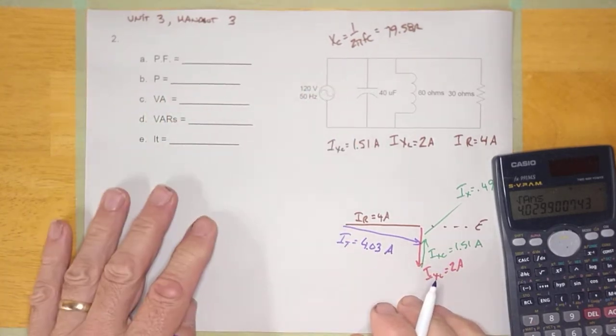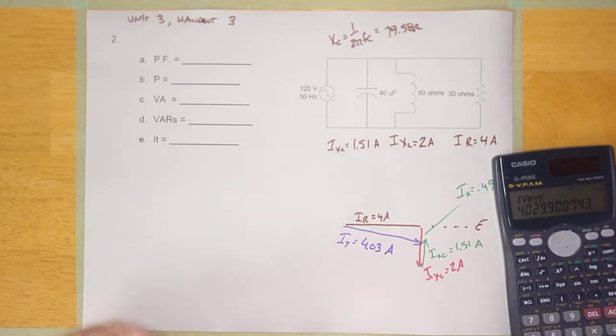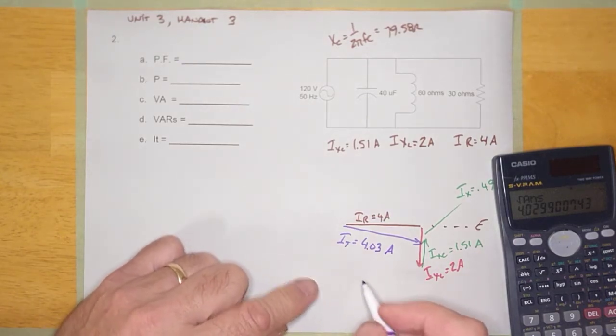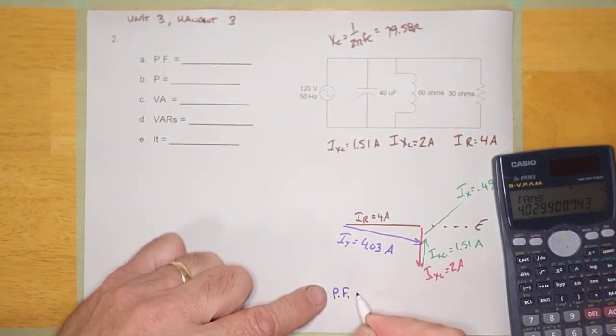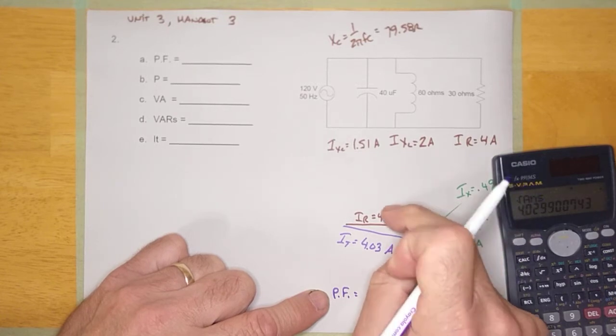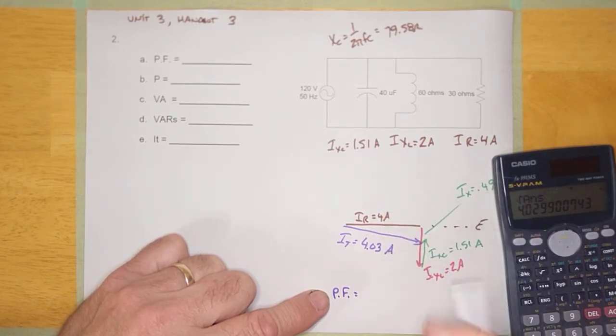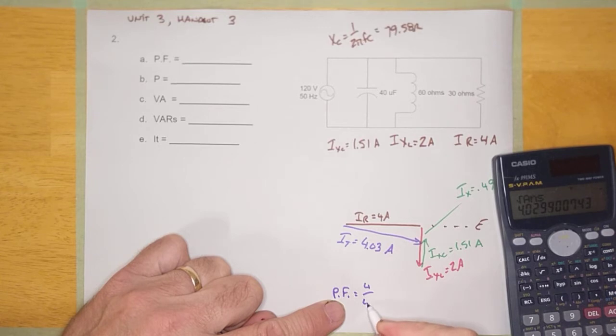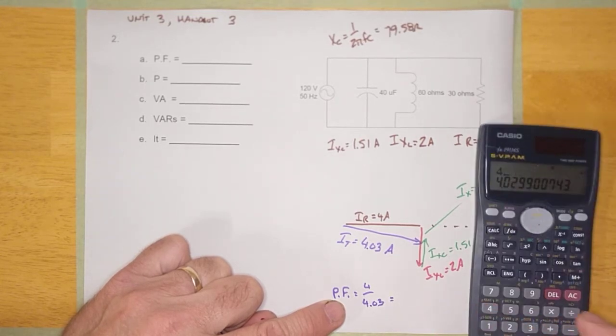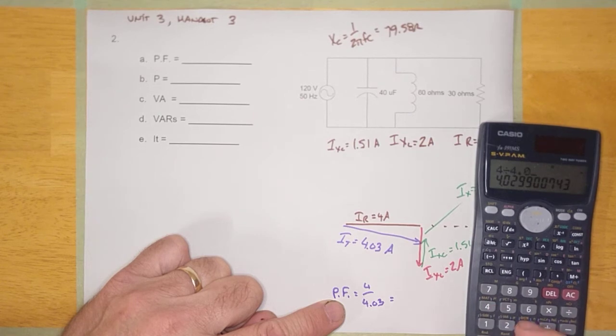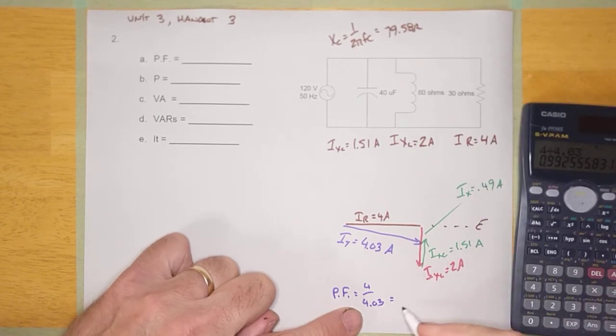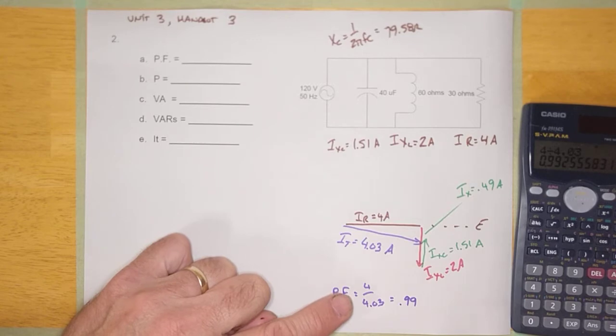So step 1 accomplished: calculate the current. Step 2, calculate the power factor. The power factor is equal to adjacent over hypotenuse, so it's 4 over 4.03, which is 0.99.